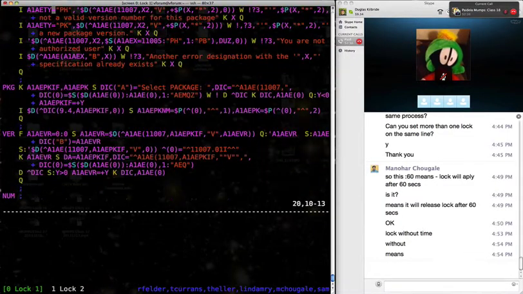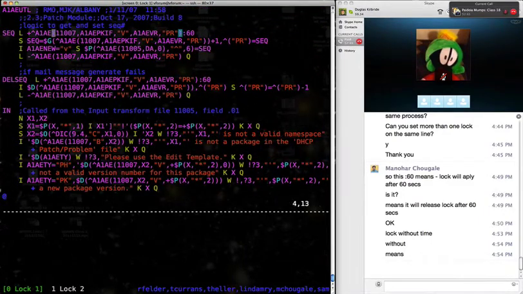Okay. So if the programmer as an example did not put 60 seconds here, so he just deleted it, let me go ahead and delete it, for example. What that means is that MUMPS is going to wait here until, if somebody else has it locked. So let's pretend that process 1 locks this and then moves here, and process 1 is still on this line. Now, let's say process 2 starts and tries to execute the lock.